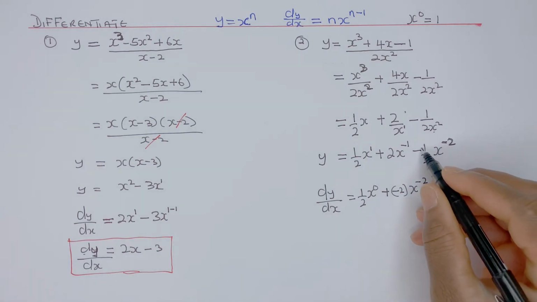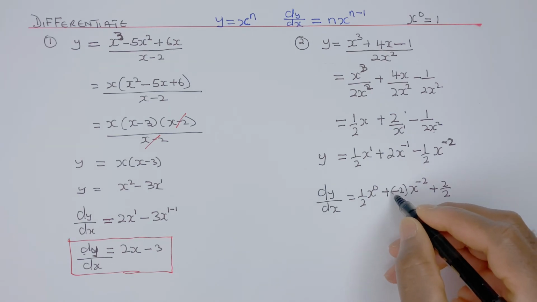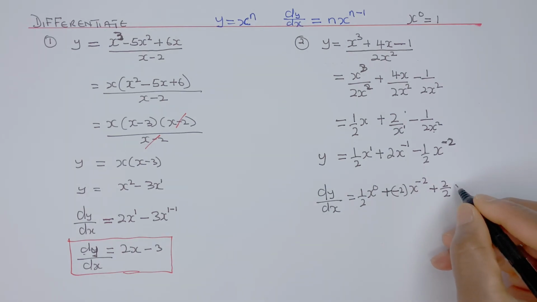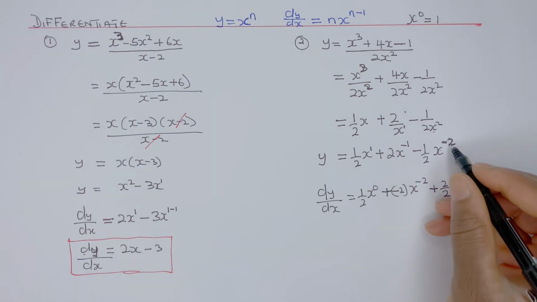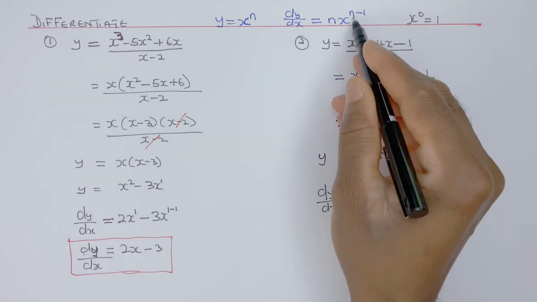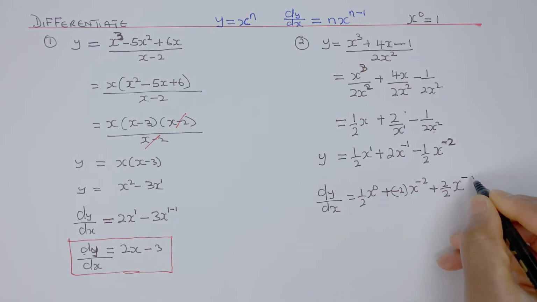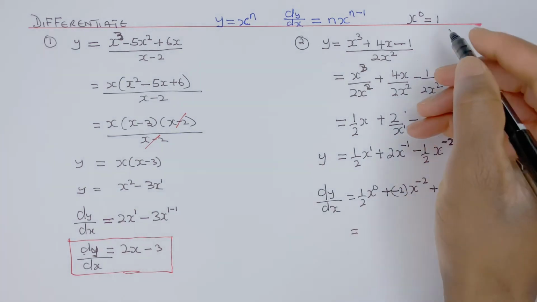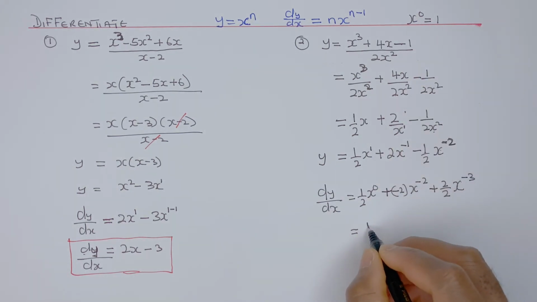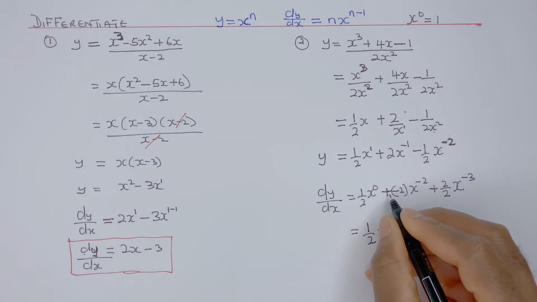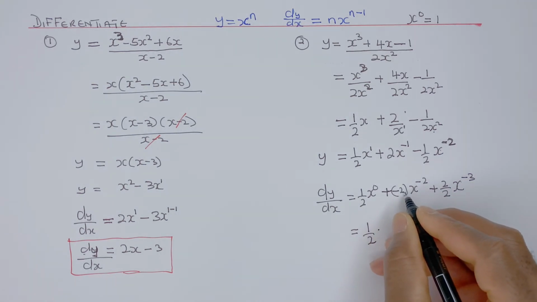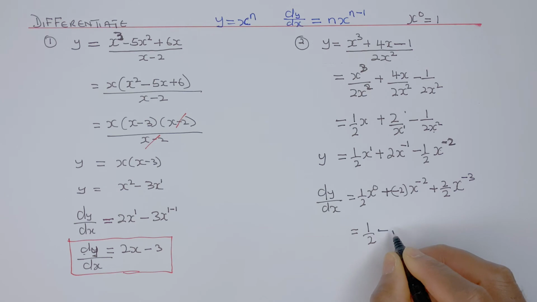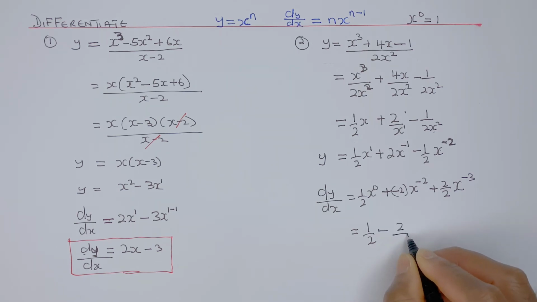This eventually will be minus, and that will be x to the power minus 2 minus 1, which is x to the power minus 3. x to the power 0 is 1, 1 times a half is a half. Minus plus minus 2 is basically minus 2 over x squared, right?